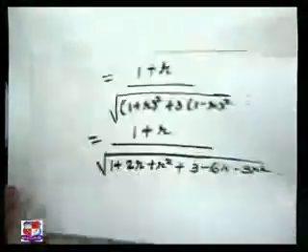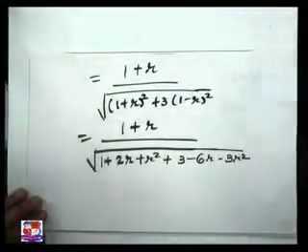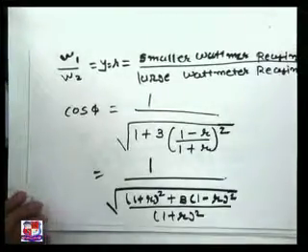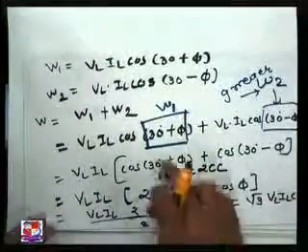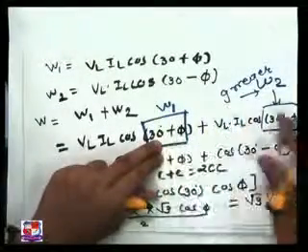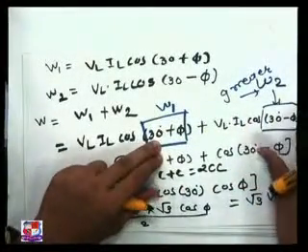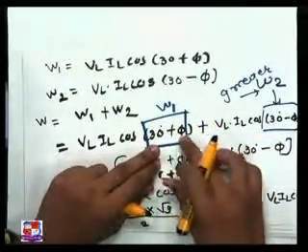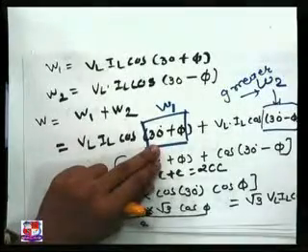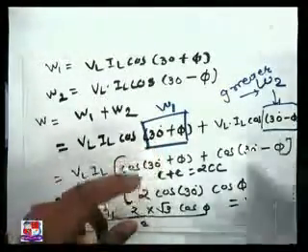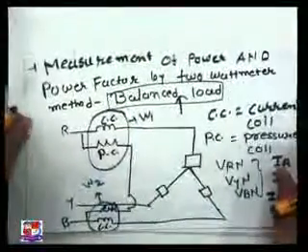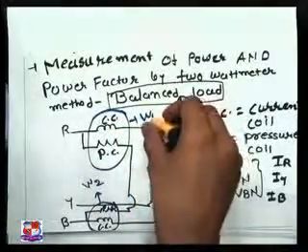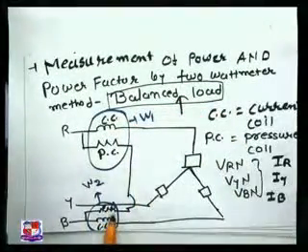With the main concept of the two wattmeter method and the phasor diagram, you always have to remember this: there is W1 and W2, where W2 is always greater than W1 because it has 30 minus phi, and W1 has 30 plus phi. In the normal circuit with a balanced load, we have one wattmeter reading W1 and another wattmeter reading W2.